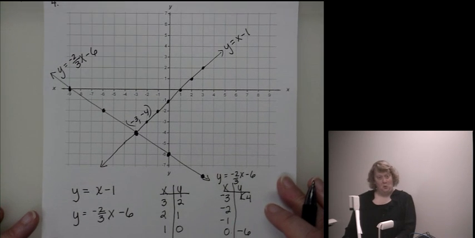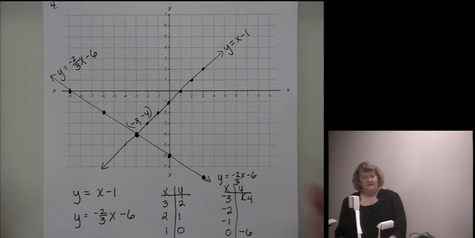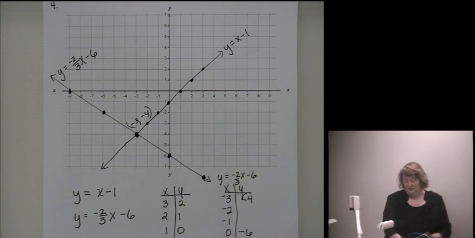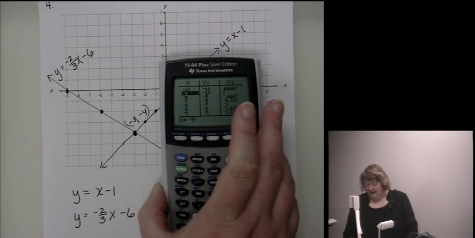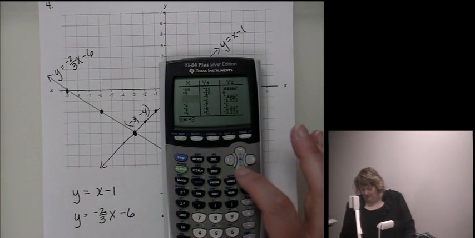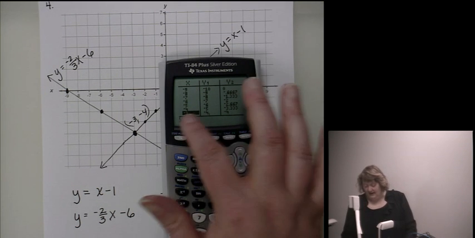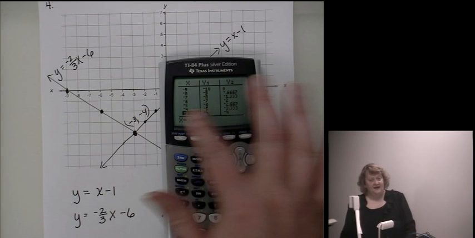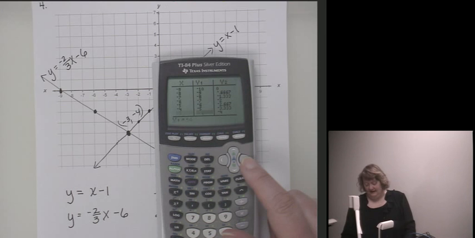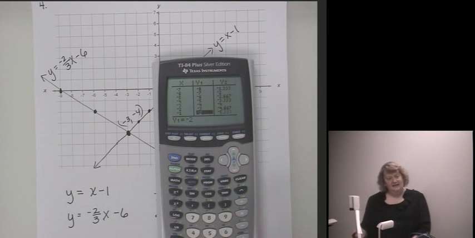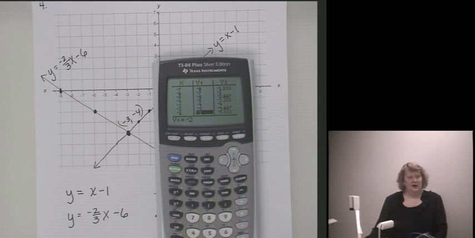And I have a nice crossing point that I can actually see very clearly when I drew my points. And I can also see that on my table, because they're at -3, they both have a y value of -4. Again, this was more about using the calculator than graphing the lines.